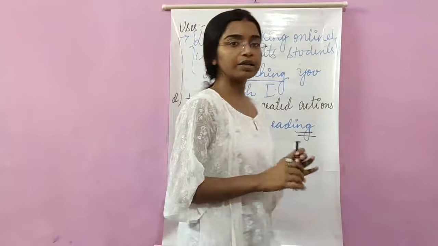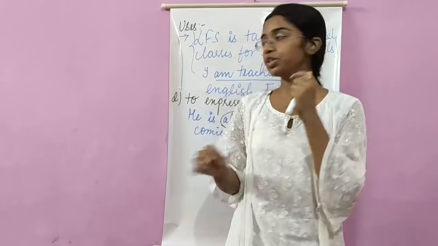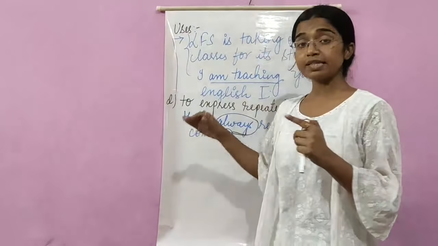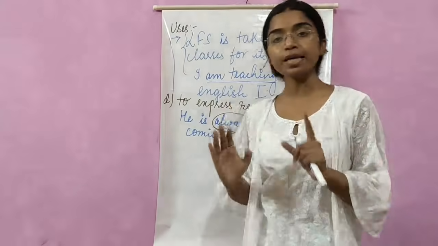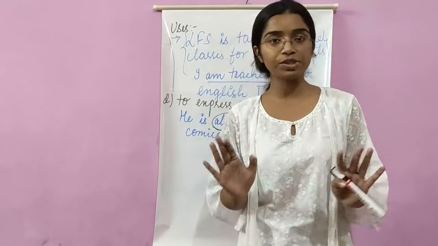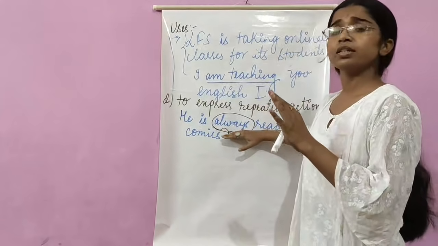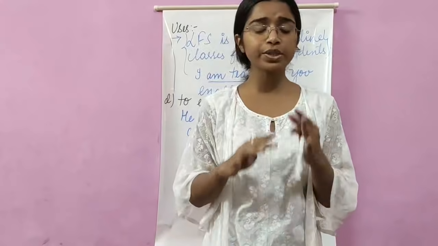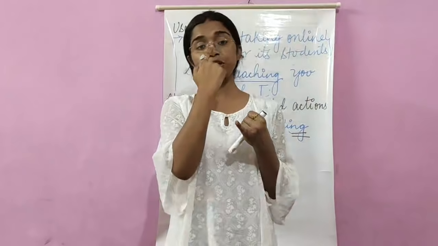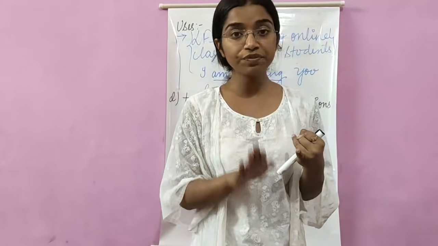I hope I am clear. I told you the structure. What is the structure? Subject plus is, am or are plus base form of the verb plus ing. Then come the uses. What are the four uses of present continuous tense? The first one is when you want to express something which is happening at the time of speaking.